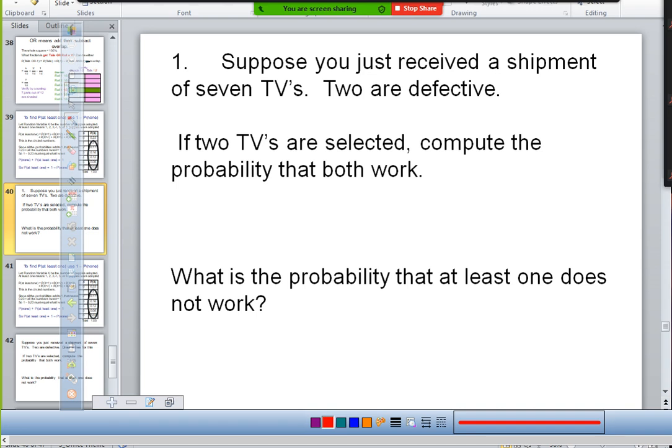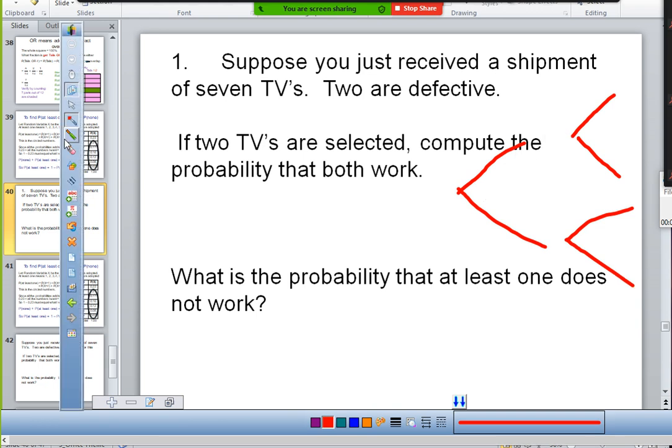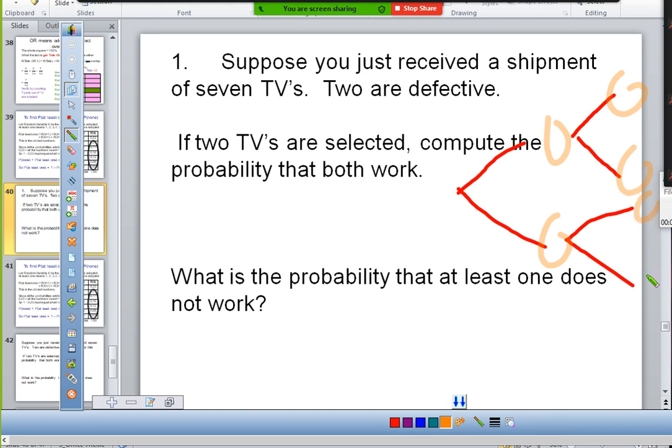So I'm going to put you guys into groups. I want you to draw a probability tree for this. So you're going to draw a tree with your outcomes, and then your second layer for the second TV you're selecting. You should be putting something in here, and you should be putting things on the branches.